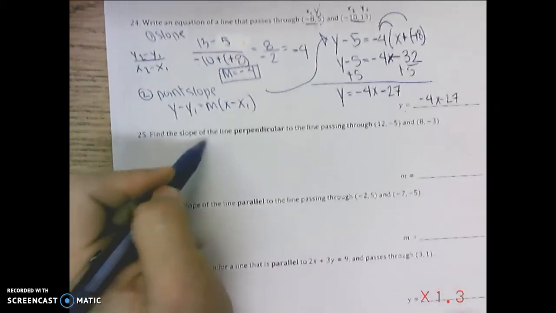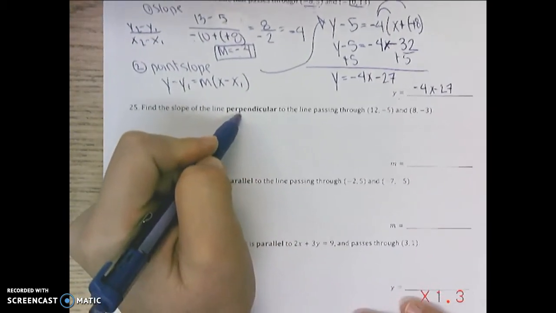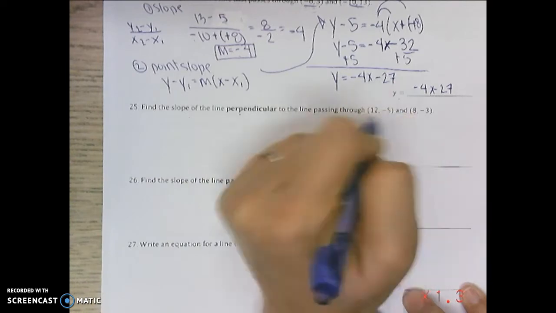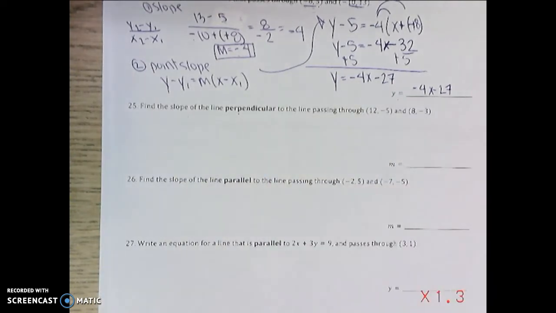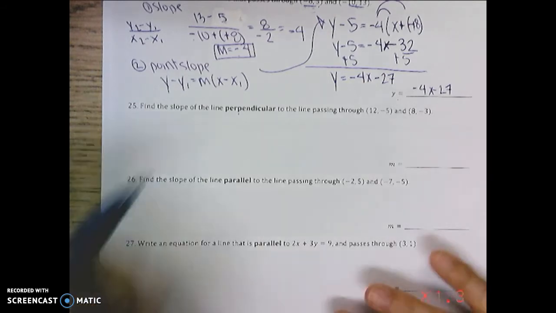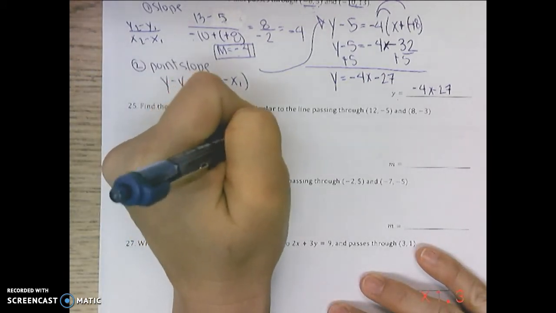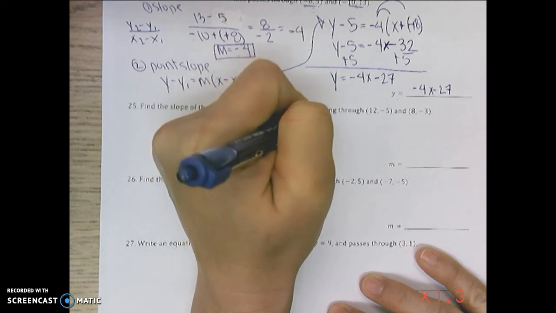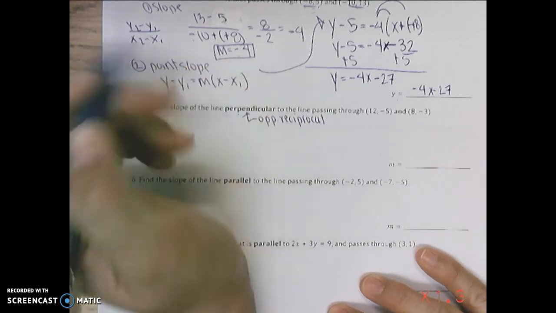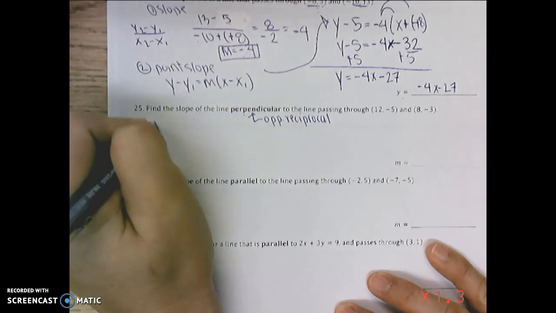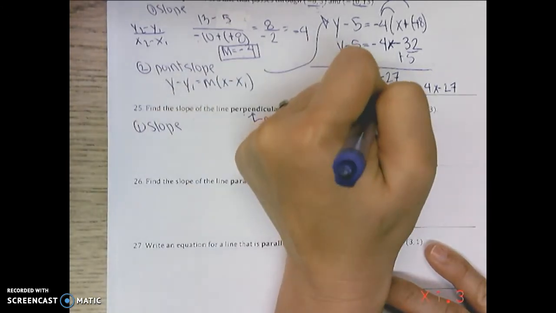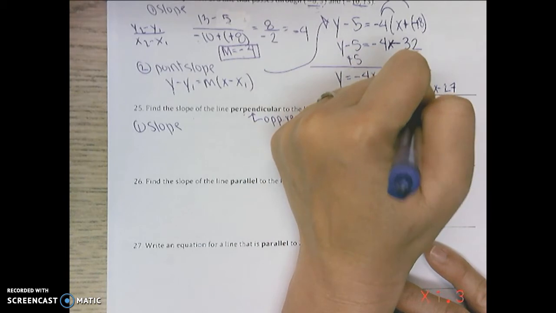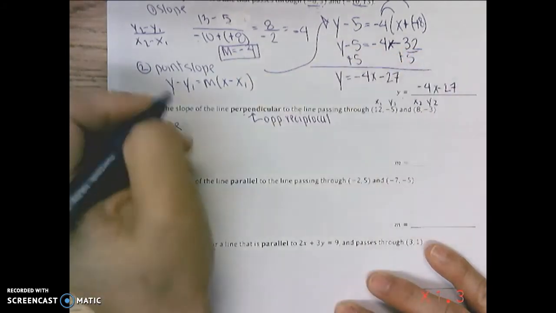So now we need the slope of a line perpendicular passing through these 2 points. So we need to think back to perpendicular, and that is the opposite reciprocal of whatever our slope is. So again, the first thing we want to do is find the slope. And I can label this x1, y1, x2, y2, and go ahead and subtract.